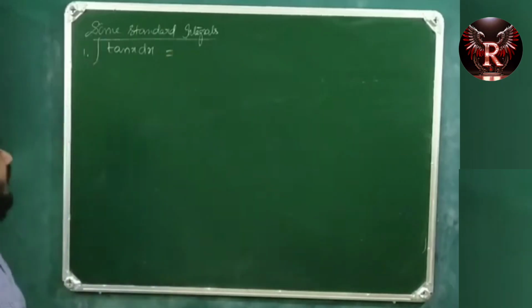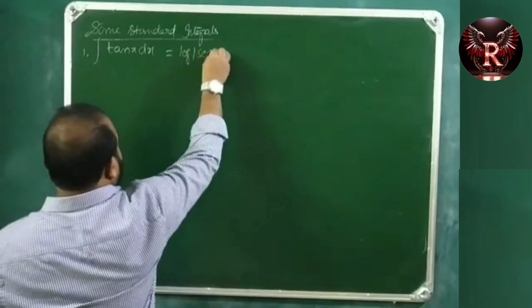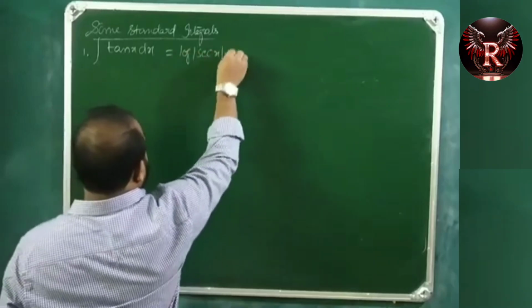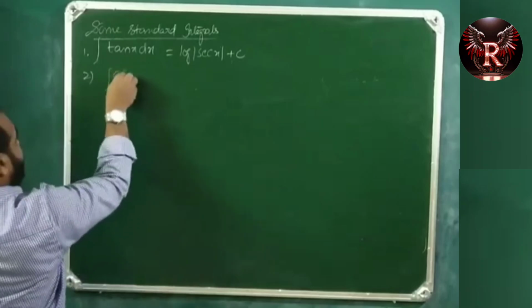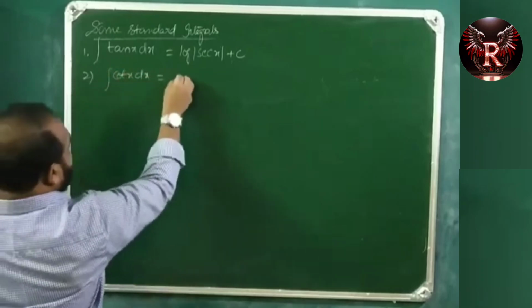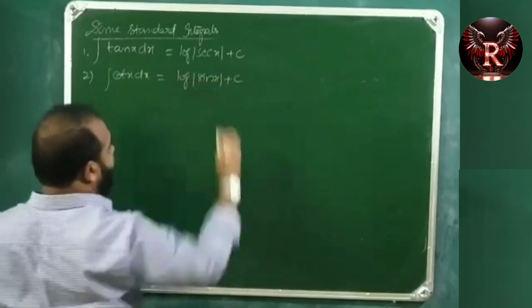Integral tan x dx is equal to log mod secant x plus c. Integral cot x dx is equal to log mod sin x plus constant of integration c.